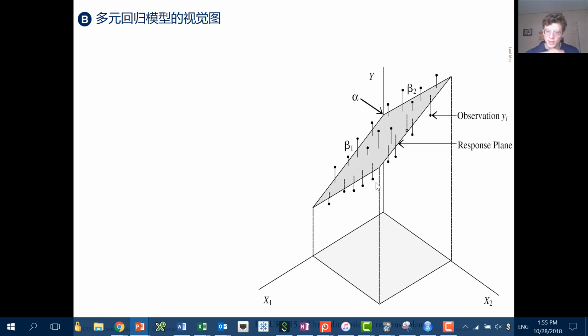So you're making a prediction on the plane of this 3-dimensional object or 3-dimensional space. And you have a response plane, and this is essentially trying to minimize the errors in 3 dimensions, as you can see here. So we're trying to minimize these errors, but not in 2 dimensions now. Now we're in 3 dimensions.